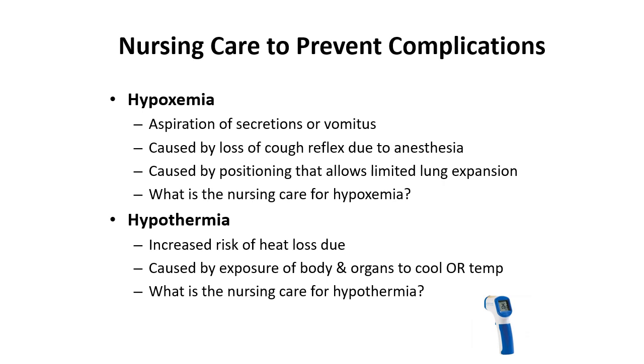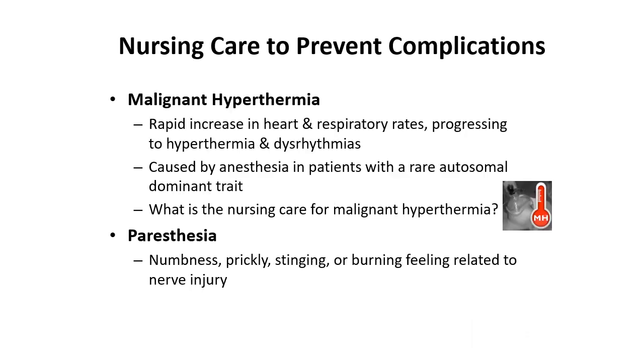But what we can do is put a heated blanket on them, a warm blanket, or we can put the electronic warming blanket on them as needed. That is really mostly what we would do for them. And we just want to monitor their temperature frequently. Typically the anesthesiologist will keep a temperature strip on them and monitor that very closely as well.